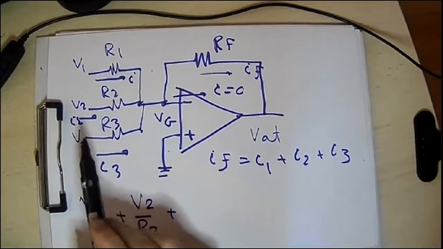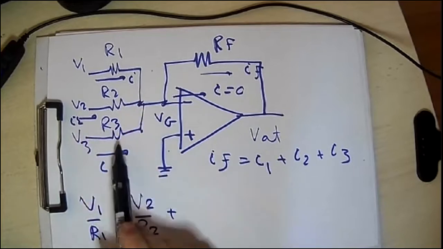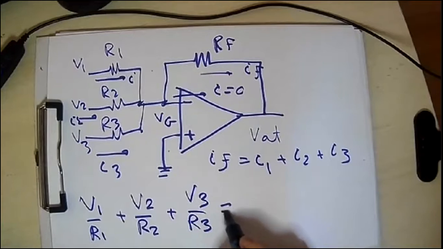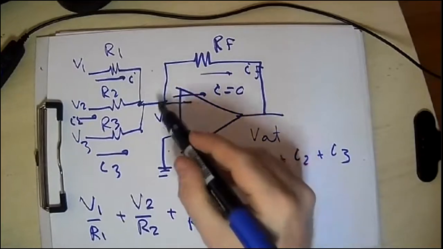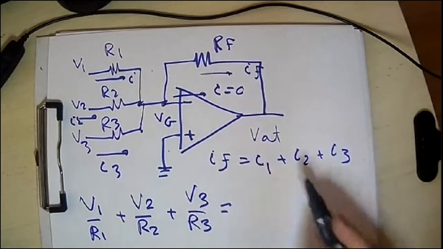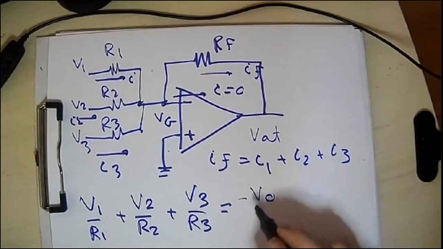Plus, again, V3 minus 0 over R3, so V3 over R3, equals the current flowing here, which is 0 minus Vout over RF. So it's minus Vout over RF.